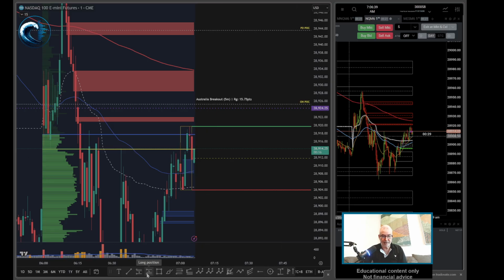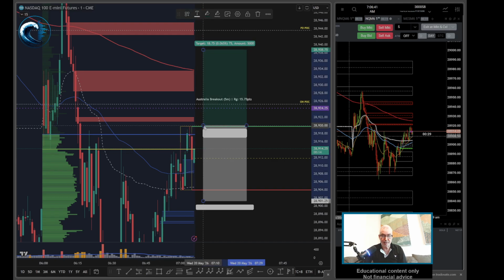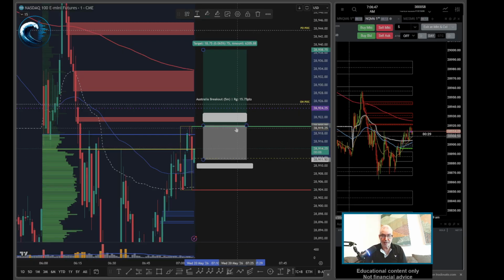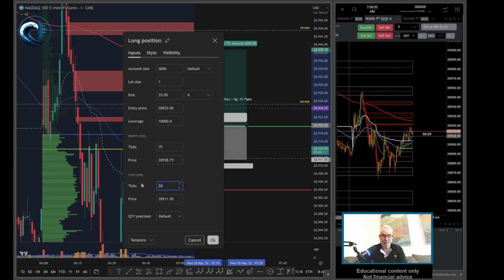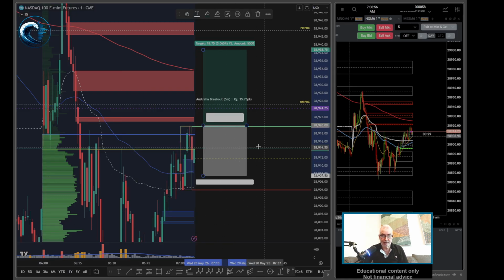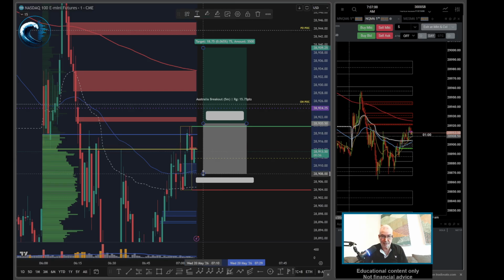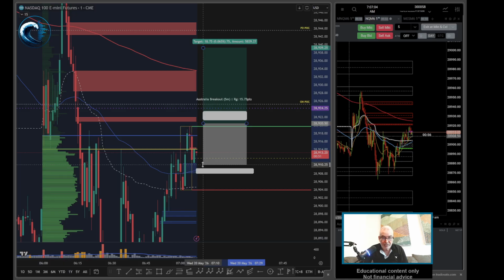And how would I have done that anyway? So this is probably what I would have done, just below. That would have been the ideal. To be honest, at worst I probably would have gone... see how there's a fair value gap there.